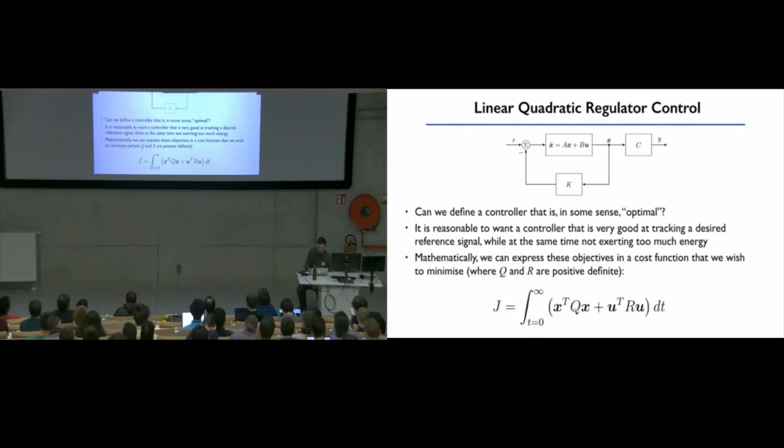Or mathematically, we have a cost function where we sort of have a penalty on non-zero states of our system and a penalty on how much energy our controller needs to exert. And so some of these methods actually are sort of simplified or special cases of some of the ideas that Professor Schmidt was talking about last lecture, where we have an optimization problem that we wish to solve, which for linear systems is relatively easy to do.